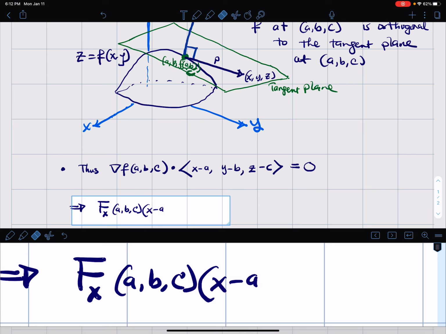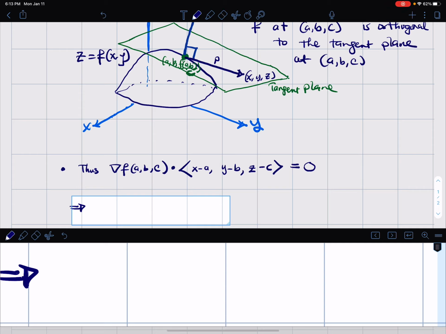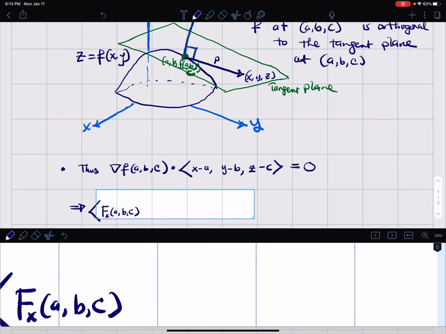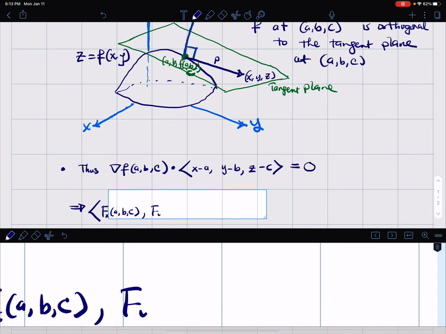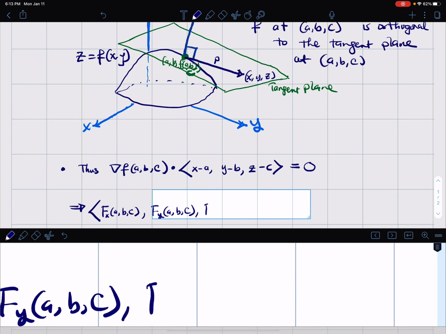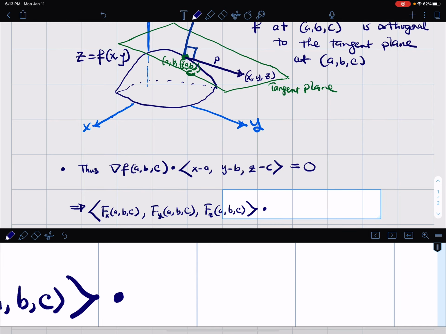Or, you know what, let's look at the gradient first. This is F_x, let's call it capital F, F_x at (a, b, c), and then F_y at (a, b, c), and then F_z at (a, b, c). So this is a three-component gradient.